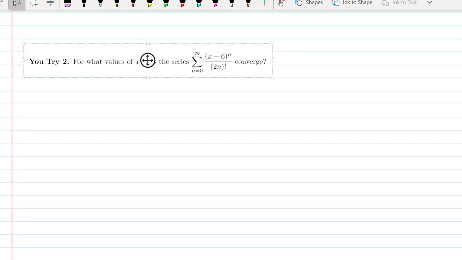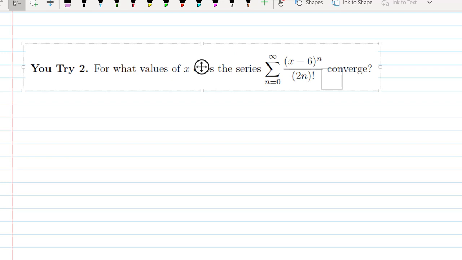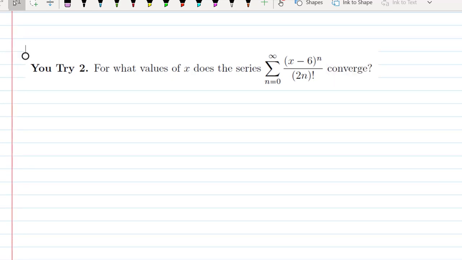So we want to determine for what values of x this series converges.